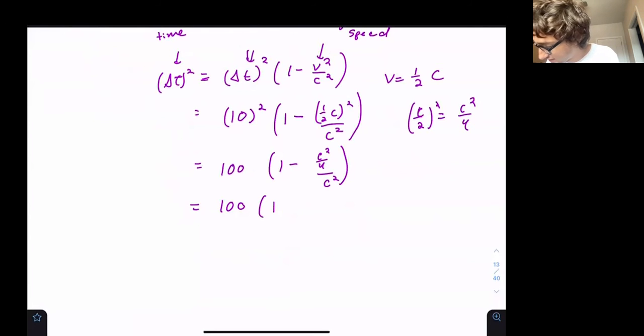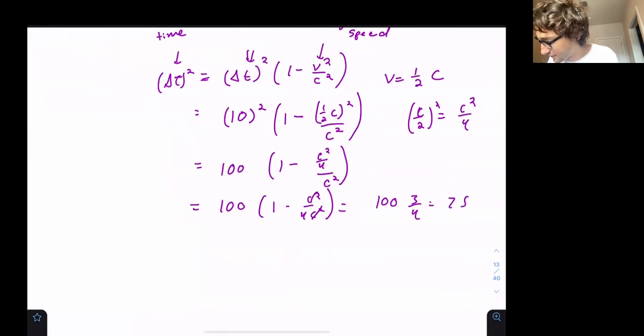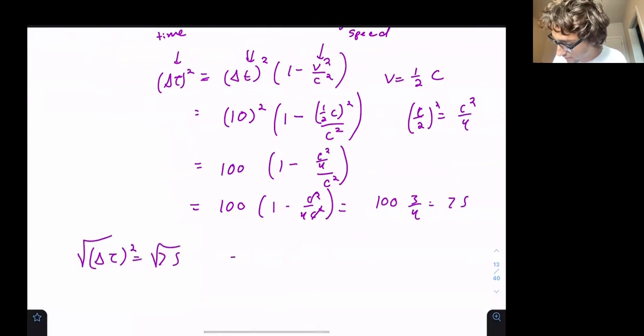The c squared terms cancel out. Then we get 100 times 1 minus 1/4, which is 3/4. So that's 75. So my time squared is 75, and the twin's time is the square root of 75.